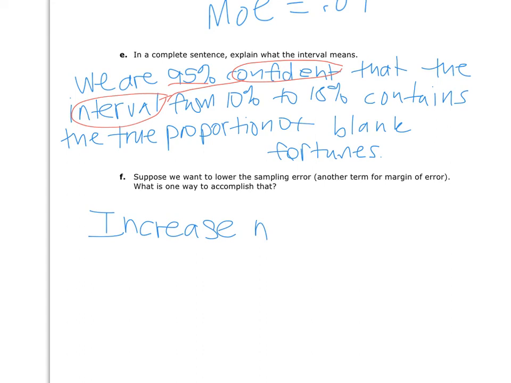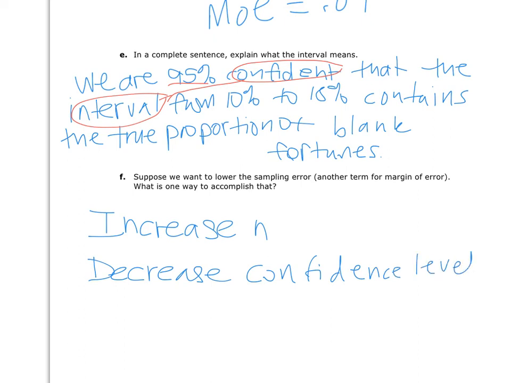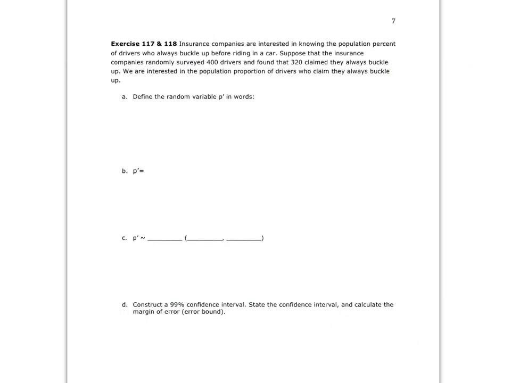And then there's one other way, which is to decrease the confidence level. If you haven't already practiced one on your own, go ahead and pause, practice this one, and then come back and take a look at how it's done.